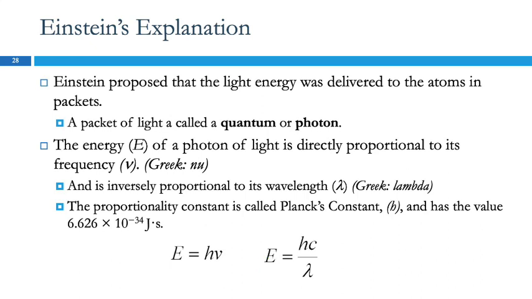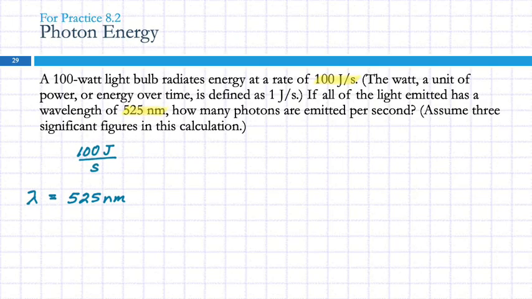The energy of light is equal to Planck's constant times the speed of light over the wavelength. 6.626 times 10 to the minus 34, in units of joule times seconds.